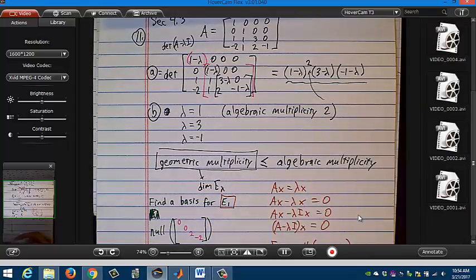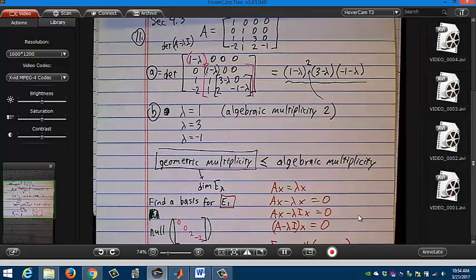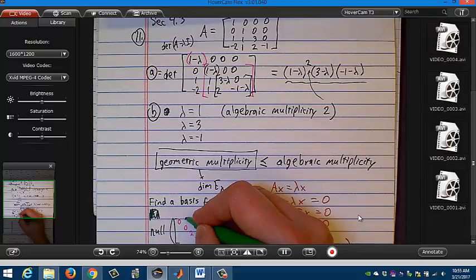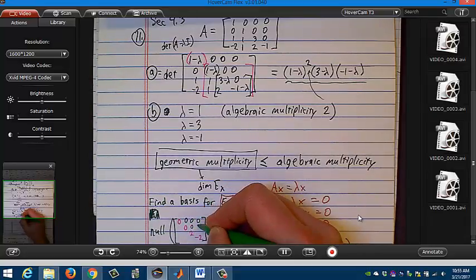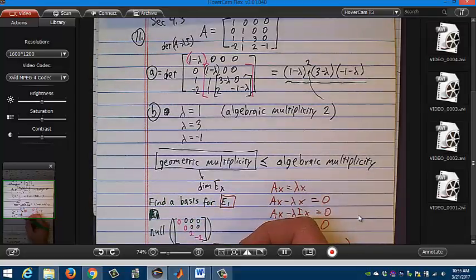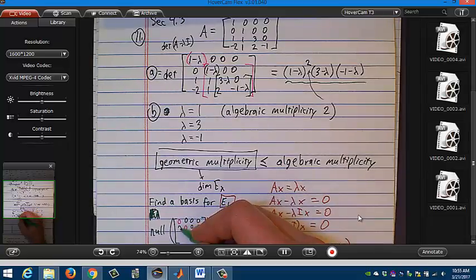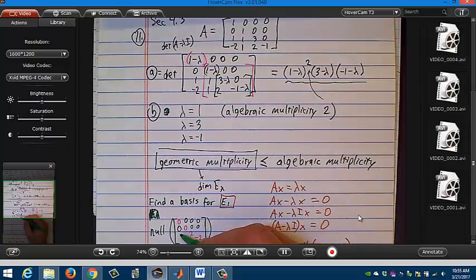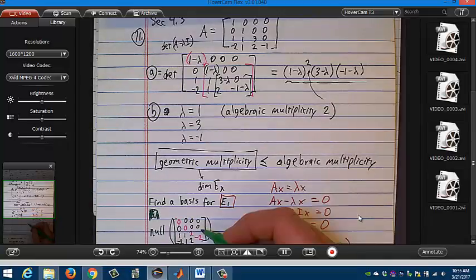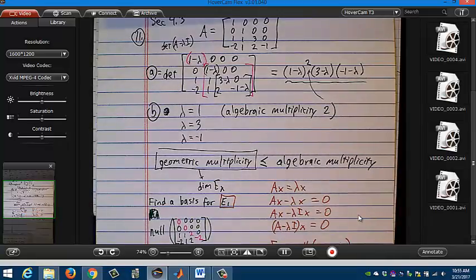Everything else stays the same. So we have a bunch of zeros up top. Down at the bottom here, this is a 0. Then I have 1, 1 in the third row, and negative 2, 1, and 2 in the fourth row. And this is a 0. So the null space of that matrix is what I want to think about.